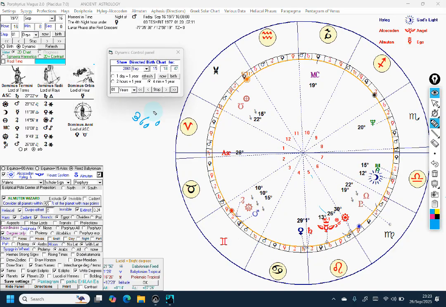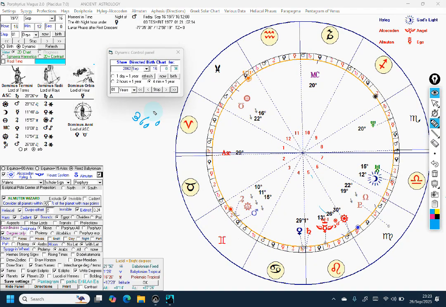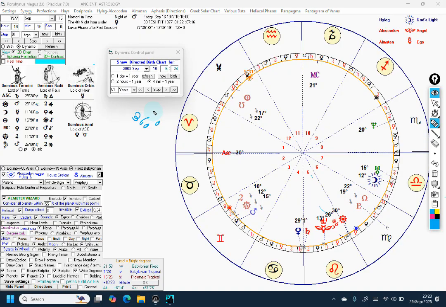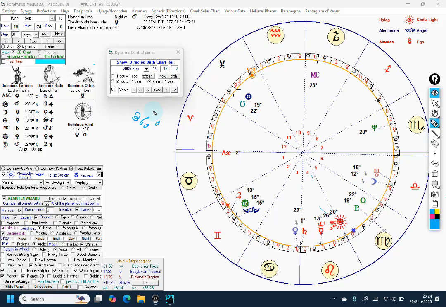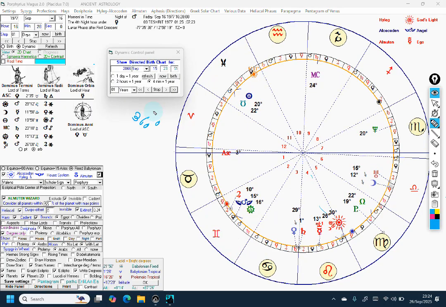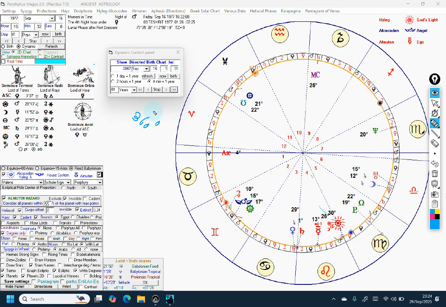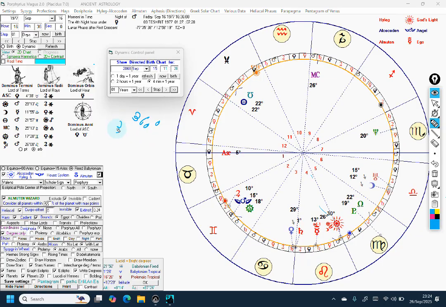But here we are talking about the rotation of the earth about its axis. That's the basic concept of primary directions. In 24 hours, it completes one full cycle of 360 degrees. So 360 degrees is equal to 24 hours.